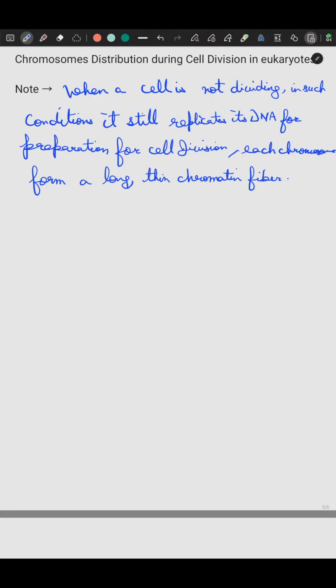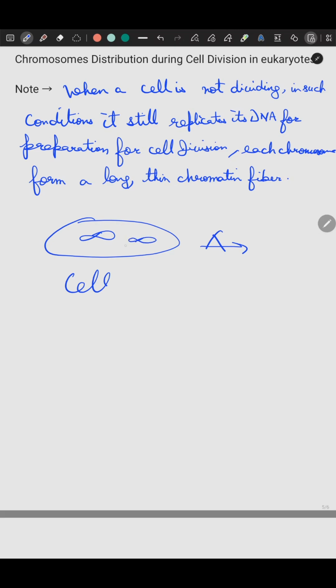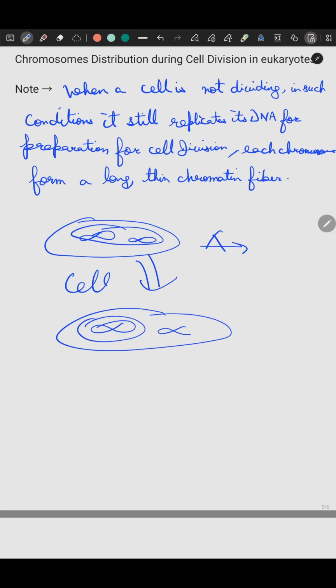Distribution during cell division in eukaryotes. So what happens when the chromosomes get distributed in cell division? Suppose a cell is not dividing further, but it is in the phase to divide. Sometimes, if there is a DNA here and a DNA here also, the cell, instead of dividing, doubles or replicates its DNA for the next cell generation.